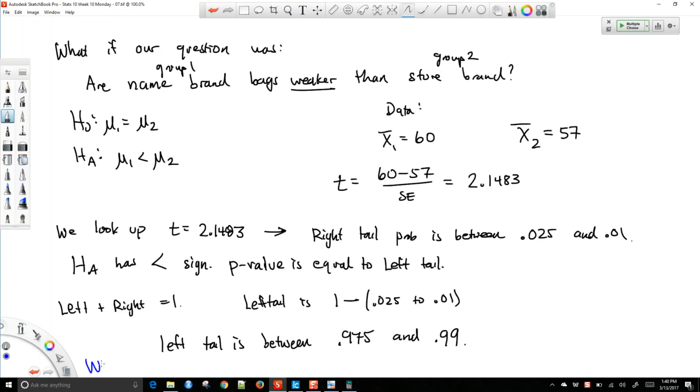So we do not have evidence to support the alternative. I would say this doesn't happen as often because generally, as soon as you check your data, you should say, oh, well, that was a disappointment. I don't have any evidence to support this, right?